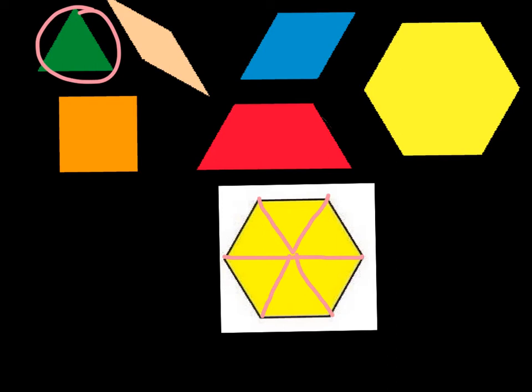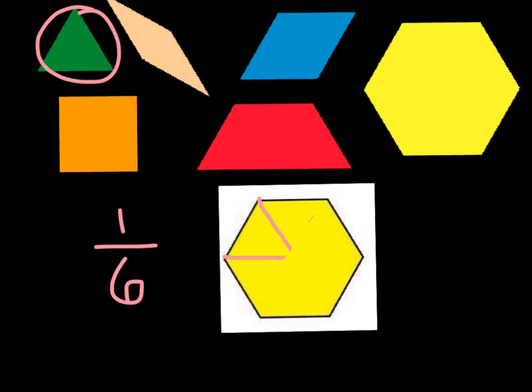That would be 6 triangles. So if I only had one triangle on that hexagon, that would be 1/6, because it takes 6 of them to make a whole, and I only have one of those. So again, that's part of the whole. That's what a fraction is.